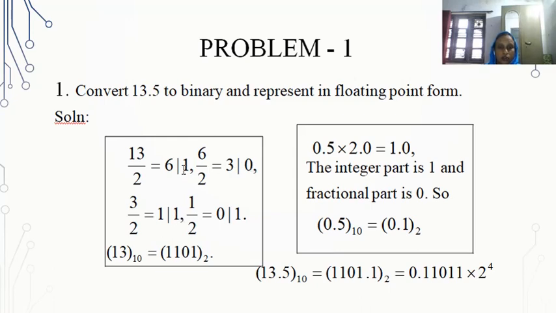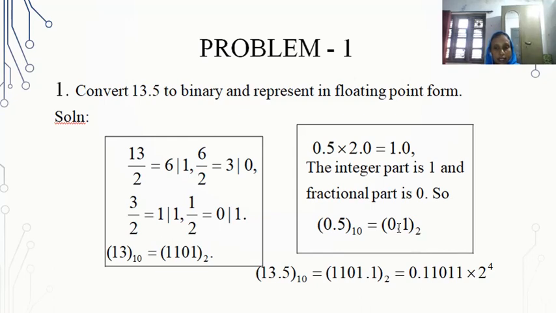1101 base 2. This is for binary. In the fractional part, 0.5 times 2 is equal to 1. So the integer part is 1 and the fraction is 0. There is no more multiplication needed because the fractional part goes to 0. So we get 0.5 base 10 equal to 0.1 base 2.